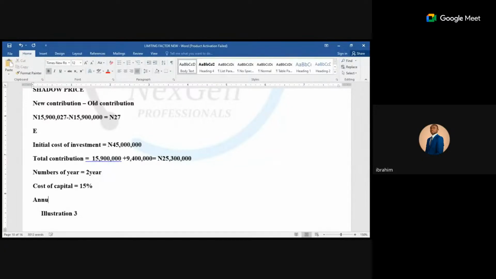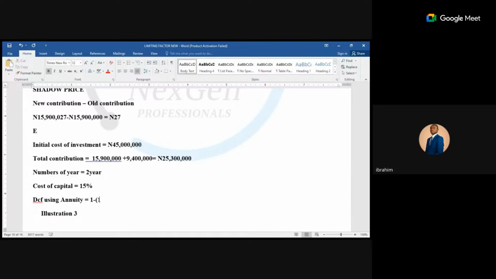We need to determine a discount factor for 2 years using the annuity formula because it is 2 years cumulative.